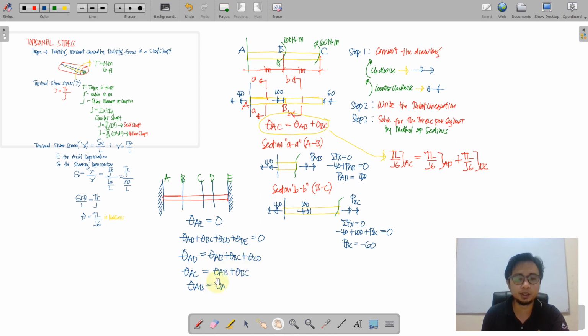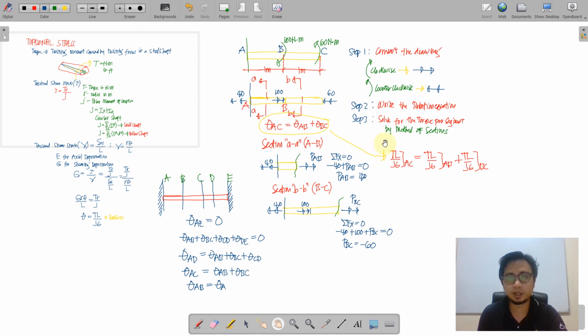And AB is the edge, of course, the nearest location is A, therefore that is theta A. So the key here is that you start writing the angle of twist from left to right. So that is very important to note.